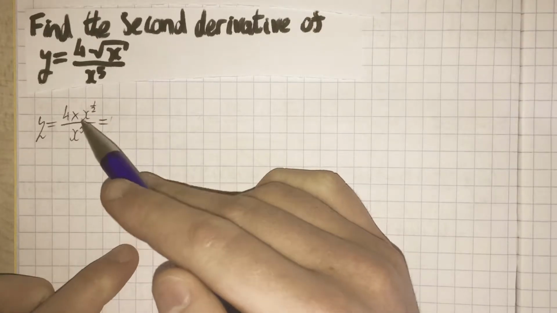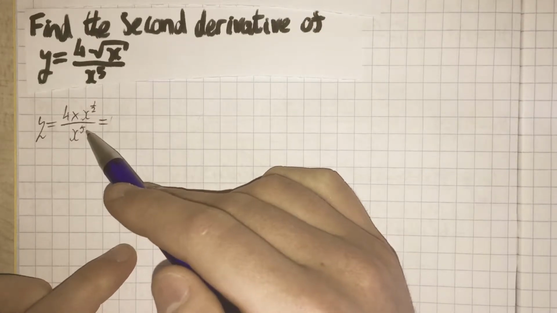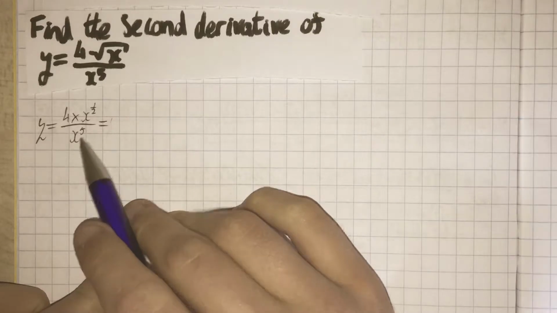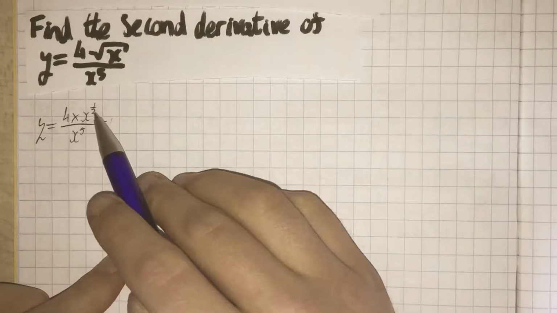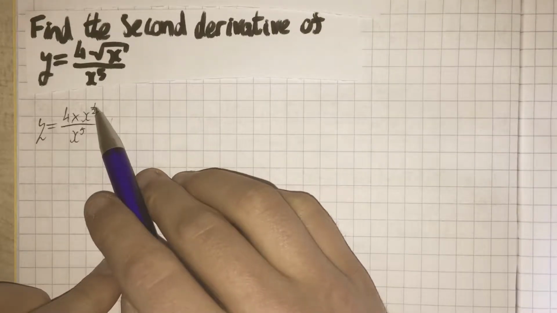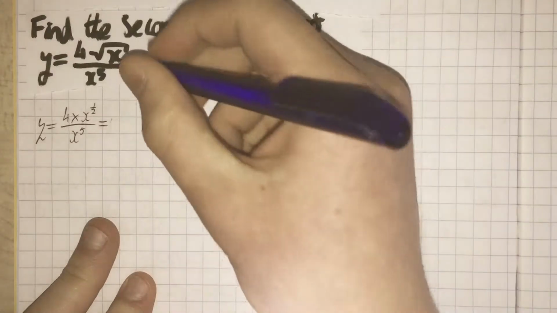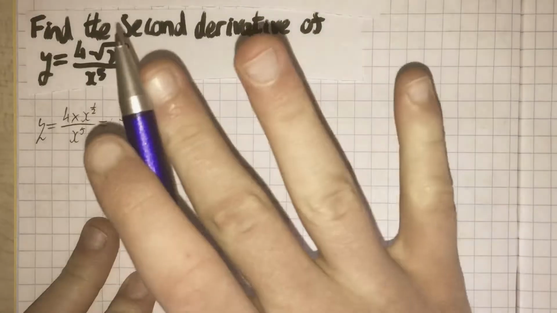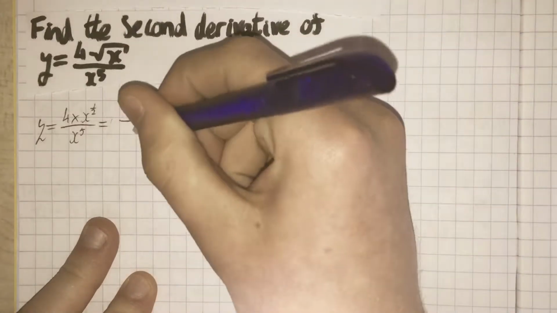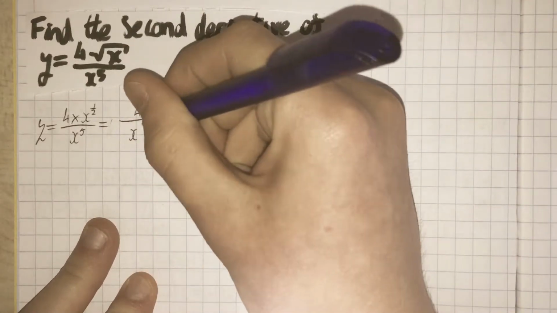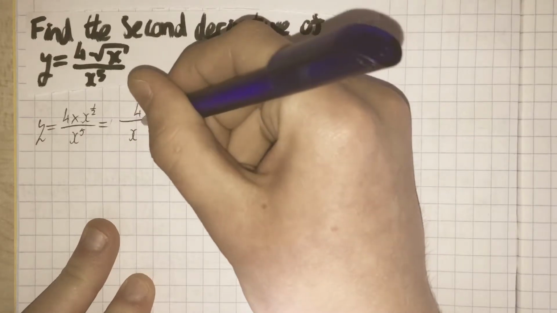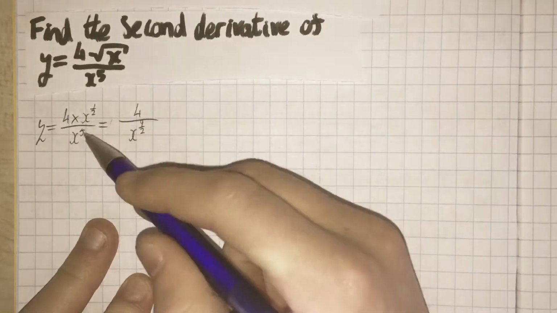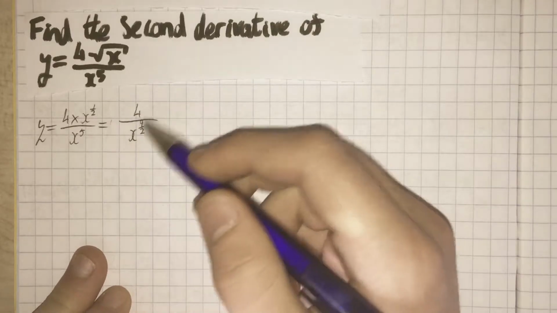So a half of the 5 down here for the power of x is going to be taking away the half up here, which means we will be left with 4 over x to the power of 9 over 2, which is 5 minus a half, 4.5.